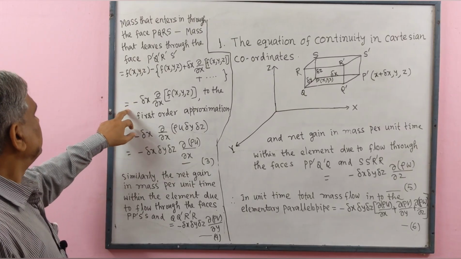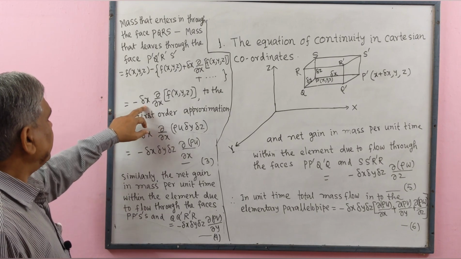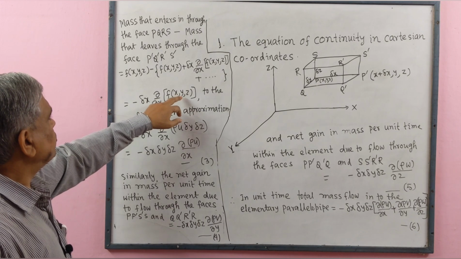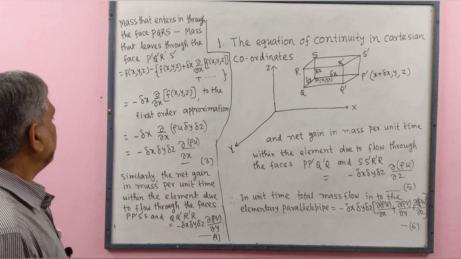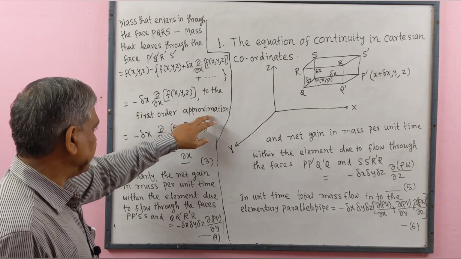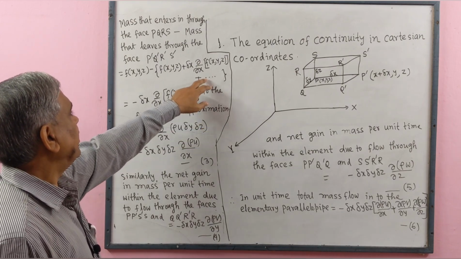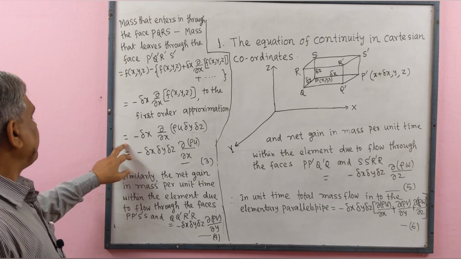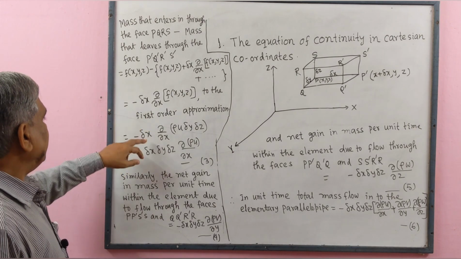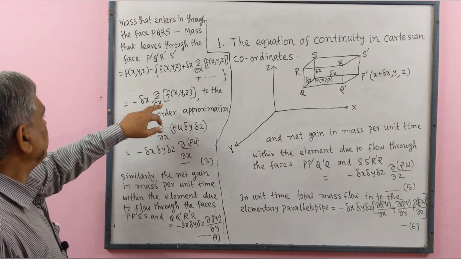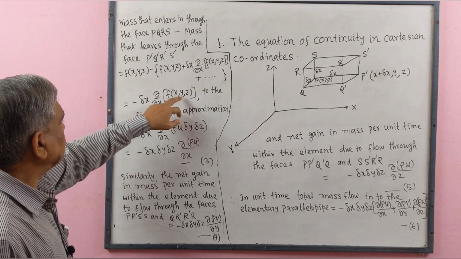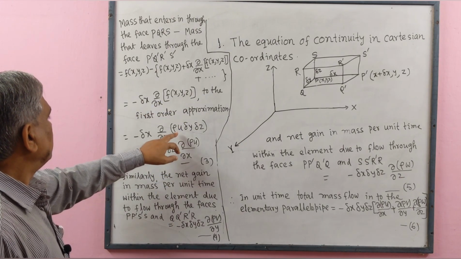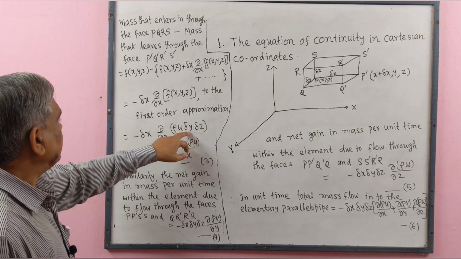This is equal to minus delta x partial derivative of the function of x, y, z. To the first order approximation, we neglect the higher orders, equal to minus delta x. We use the value of the function of x, y, z, that is equal to rho u delta y delta z.